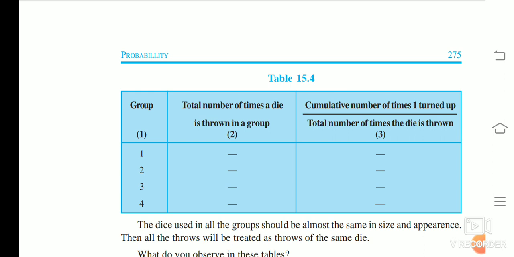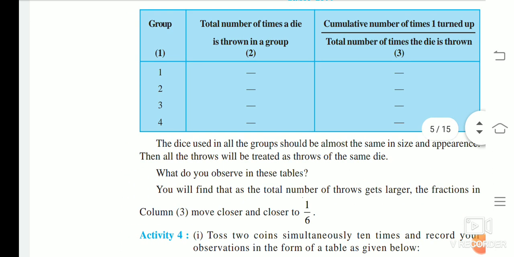For the first group 10 times, second group 10 times, that's why 10 plus 10, so 7 by 20. Similarly for the third one, if the answer is 5 times or 6 times, you need to write that. Similarly you can note down all the group answers, cumulative answers also you can write.